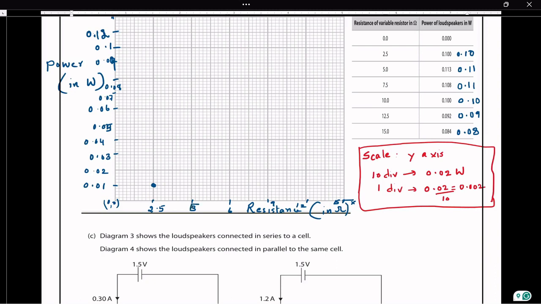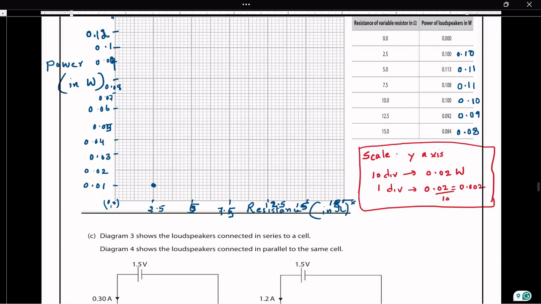So I think the x-axis also we have to change: 2.5, 5, 7.5, then 12.5, and 15 is coming here. So this is not needed. It will be 18. 2.5, 5 in steps of 2.5. 2.5, 5, 7.5.